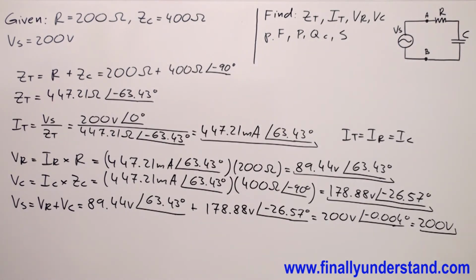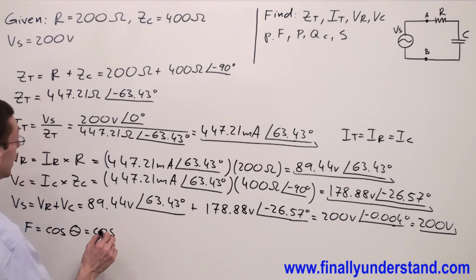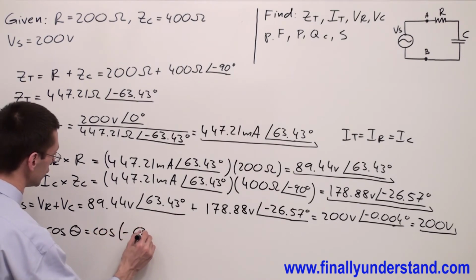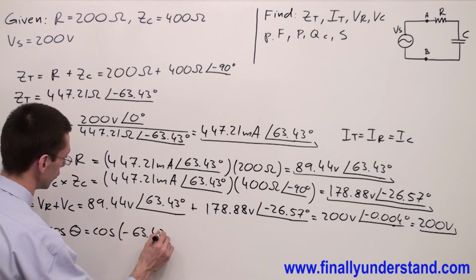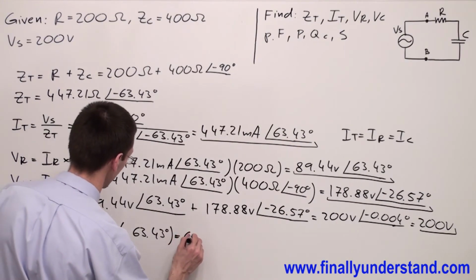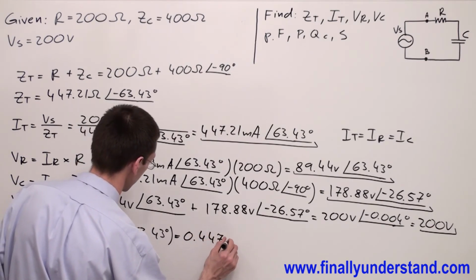Next, we're supposed to find the power factor. Power factor is equal to cosine of angle theta. So I have cosine of angle negative 63.43 degrees. This is equal to 0.447 lead.